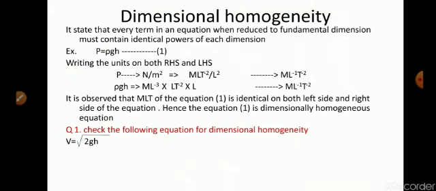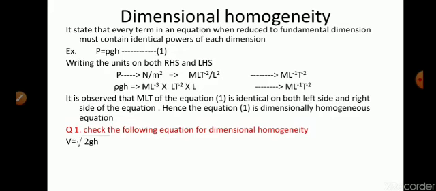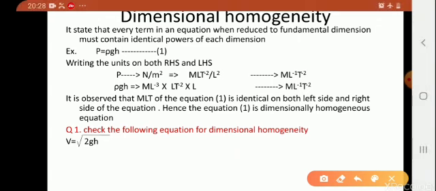Let me explain with an example, that is P equal to rho g h. Let me start with the right hand side. P's unit is Newton per meter square here, then its MLT form is this one.